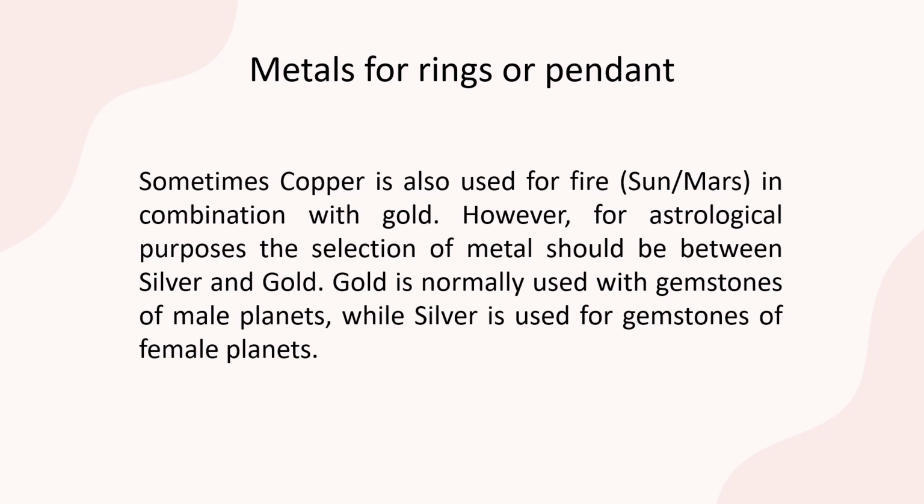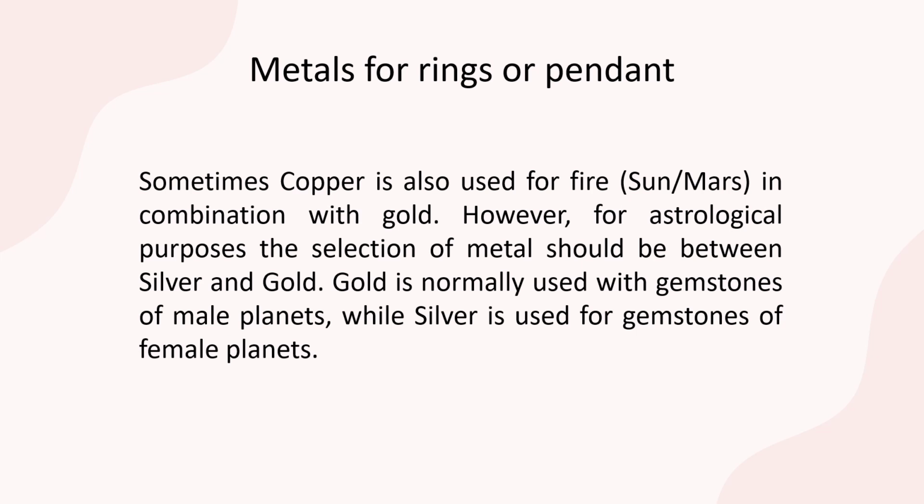Sometimes copper is used for fire in combination with gold. However, for astrological purposes, the selection of metals should be between silver and gold. Gold is normally used with gemstones of male planets, while silver is used for gemstones of female planets.